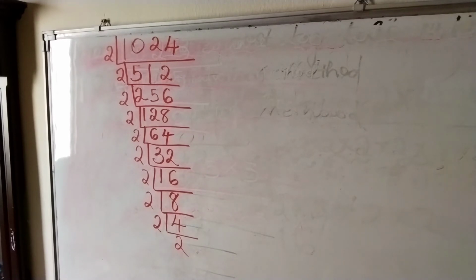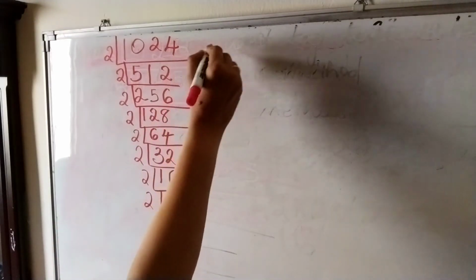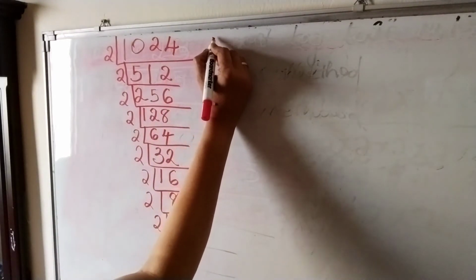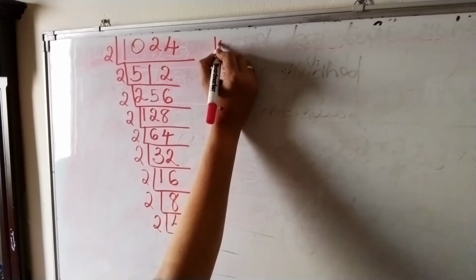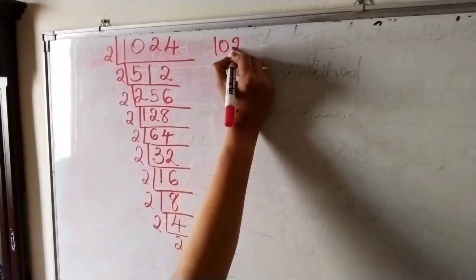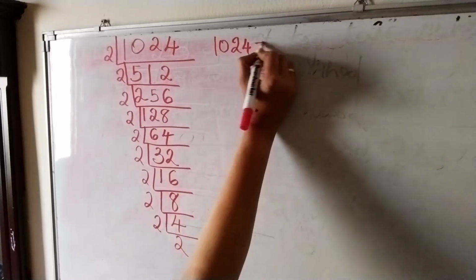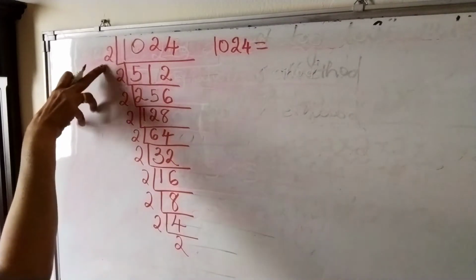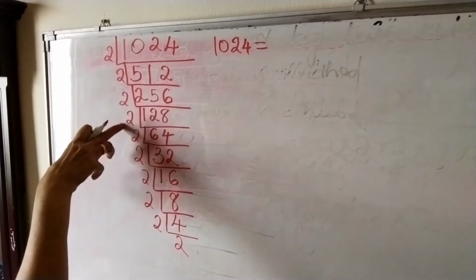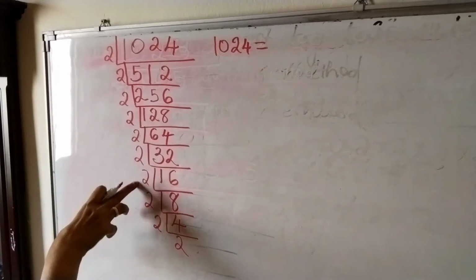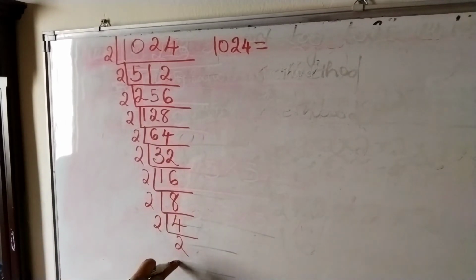Then next we are going to find the square root of this one. First of all, you have to arrange this. 1024 can be written as how many 2s are here? 1, 2, 3, 4, 5, 6, 7, 8, 9, 10 twos are there.